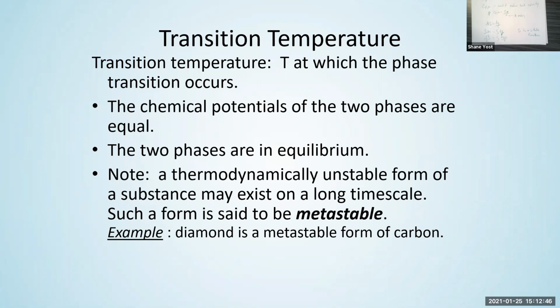That's always kind of a weird thing to wrap your head around. I can say diamond going to graphite is a spontaneous reaction, but we think of spontaneous as fast, and that doesn't mean the same thing in thermodynamics. Spontaneous and fast don't mean the same thing.